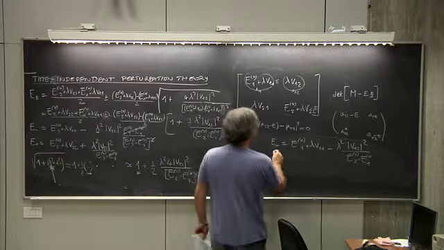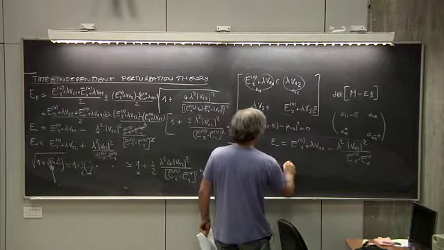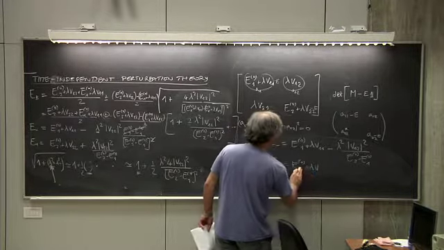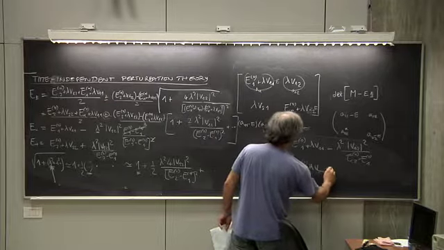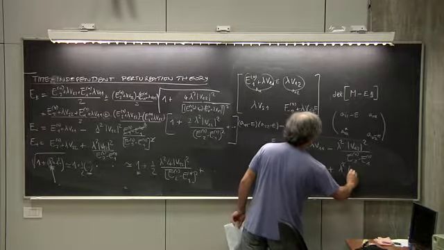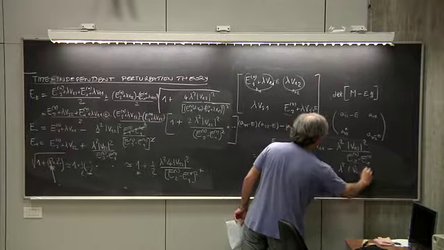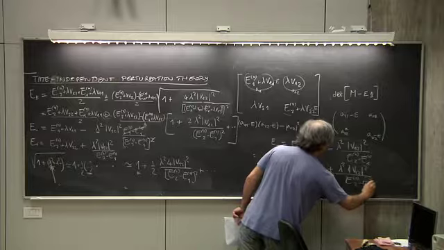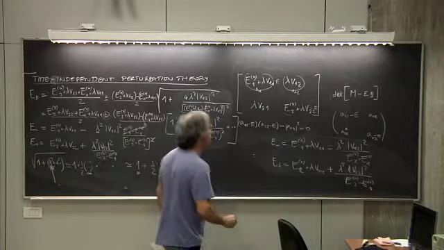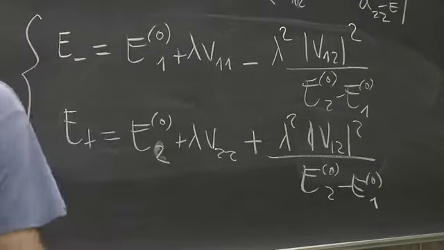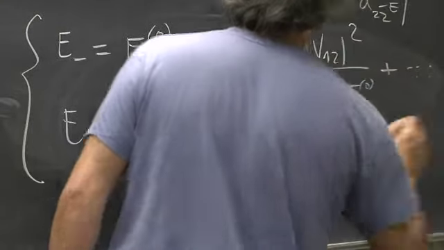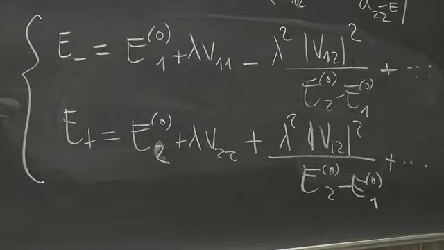So the E plus is E02 plus lambda V22 plus lambda square |V12|^2 divided by E02 minus E01. Okay? Plus things. Okay? So these are this expansion to the smallest two orders in lambda.